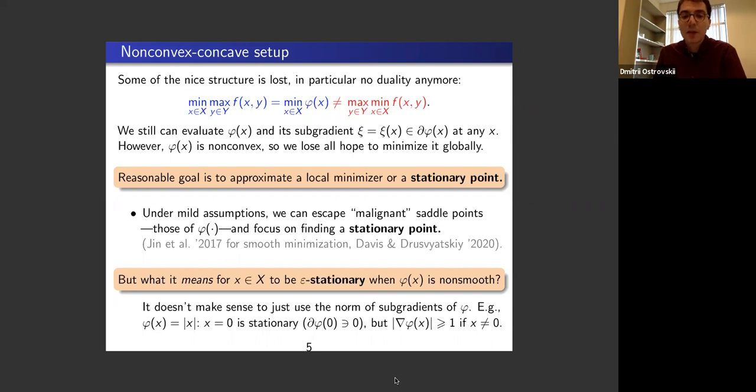What happens when f is non-convex in X but still concave in Y? First of all, because of concavity in Y, I can still evaluate the primal function efficiently. I can solve a concave maximization problem to find phi of x at the point x.